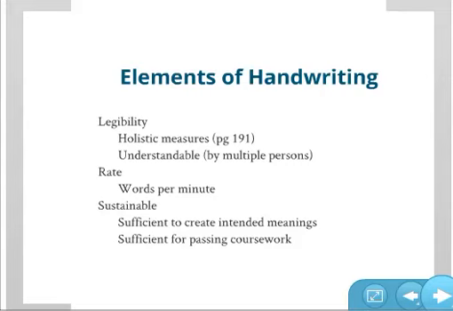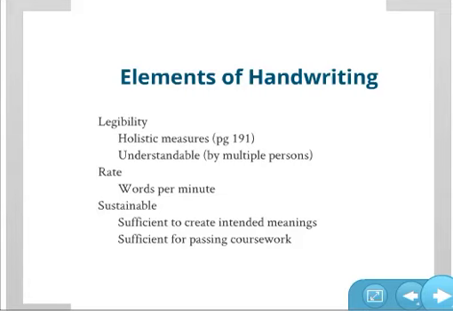And it's got to be sustainable, and persistent enough that they can create meaning over long periods, like a paragraph, like a couple pages, right? It's got to be sufficient for whatever level they're at and what the requirements are.